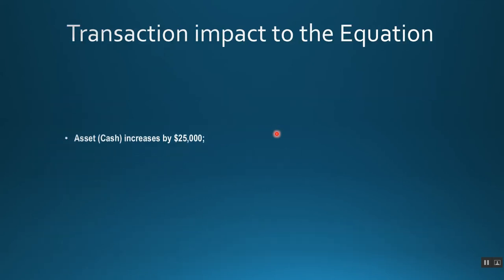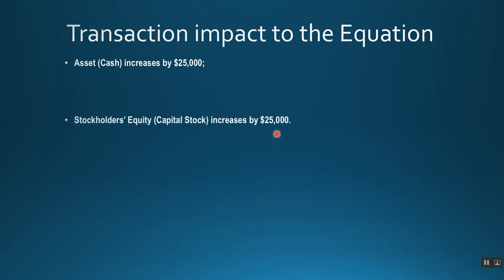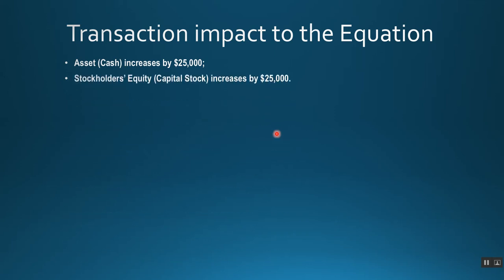Well, we know that assets are increasing because $25,000 of cash came in because someone wanted to own $25,000 worth of stock. They purchased $25,000 worth of common stock. So cash is increasing, which is an asset. And equity is also increasing because of common stock. You see that?